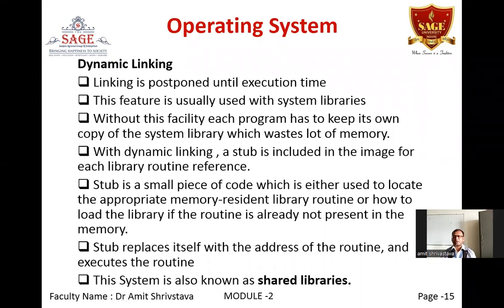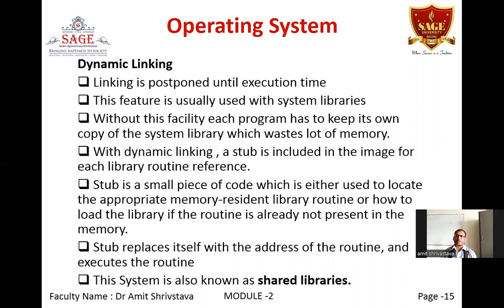So by default, every program will require the iostream.h header file. Now, if I load this iostream.h header file with every program, then 10 copies of it will have to be loaded into the RAM. This will waste a lot of precious space.